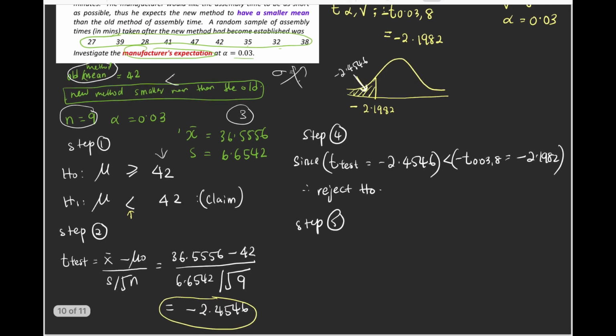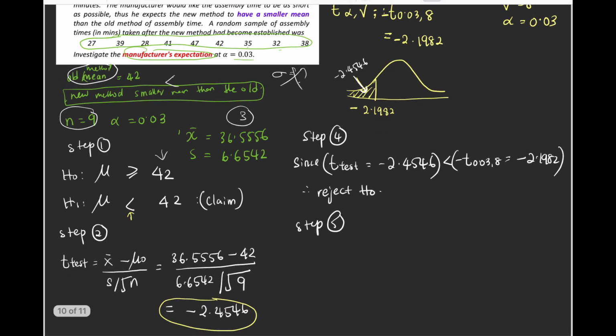Okay, and then step number 5. What will happen if you reject H null? So look back at our hypothesis. We reject H null, so discard our H null. So we accept our claim.